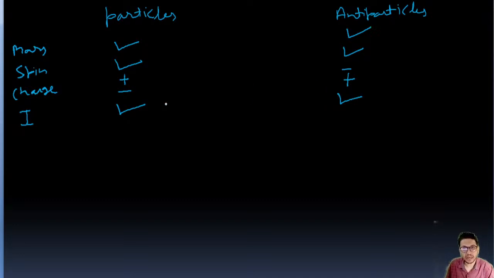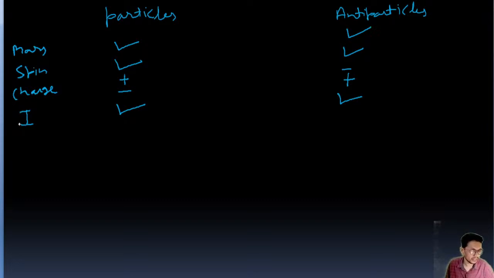If you talk about any baryon particle, this I, that is isospin, is going to be the same for the baryon and the antibaryon, and similarly for the meson and anti-meson. Next is strangeness, guys.